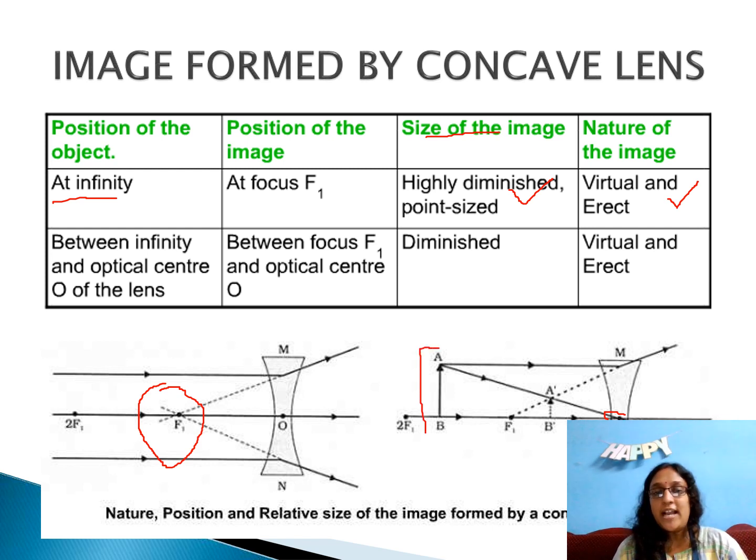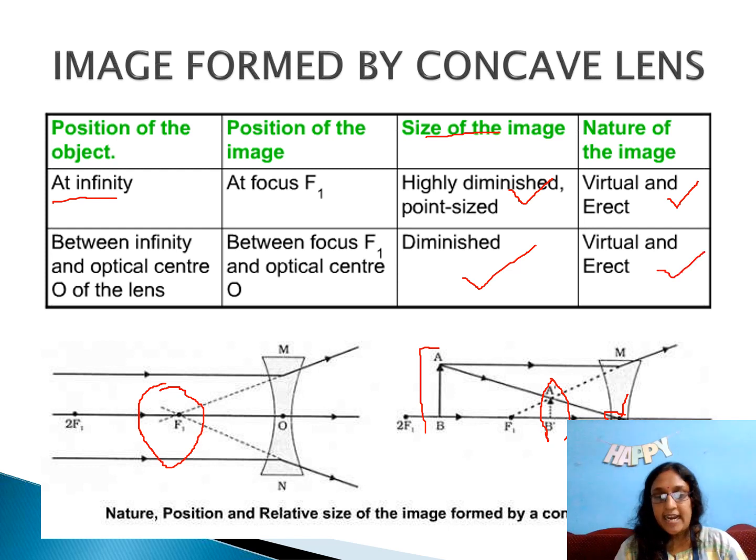So you will get the position of the image between the optical center and focus F1. What will be the size of the image? The size of the image is diminished here. And the nature of the image will be virtual and erect.